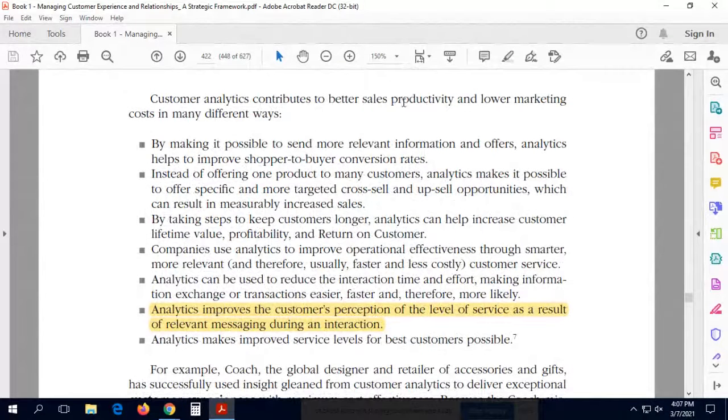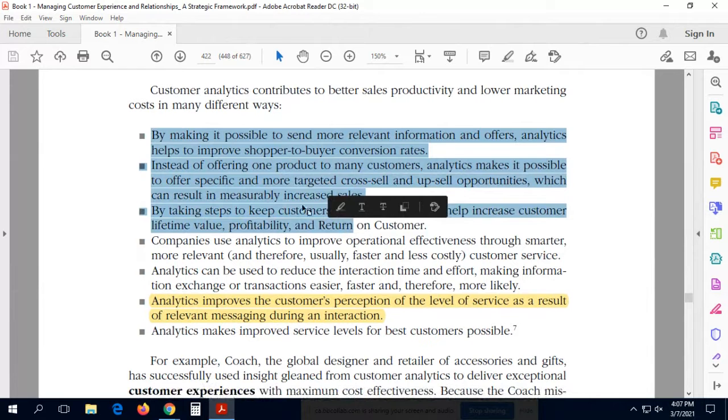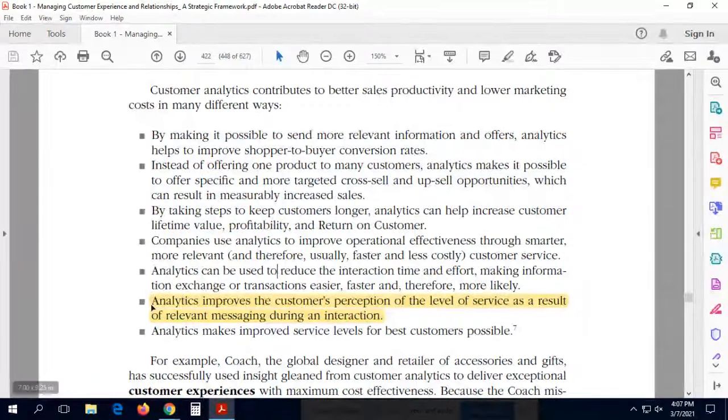Customer analytics contribute to better sales, productivity, and lower marketing cost in many ways. When you are looking at customer analytics, they contribute to so many things. For example, these are the bullet points, many things they do. For example, analytics improves the customer perception of the level of service as a result of relevant messaging during an interaction.